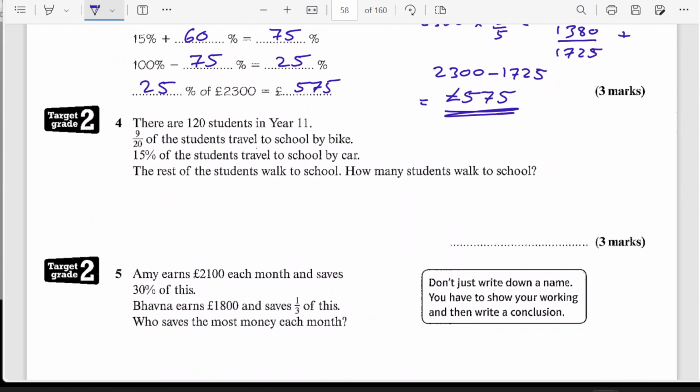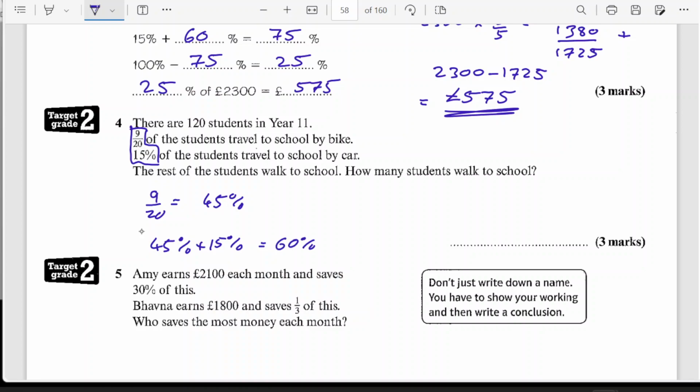So question 4. There are 120 students in year 11. 9/20ths of the students travel to school by bike, 15% of the students travel to school by car, the rest of the students walk to school. How many students walk to school? So I quite like that last method, so we'll adopt it for this one as well. 9/20ths is going to be 45%, and then 45% plus 15% is going to be equal to 60%.